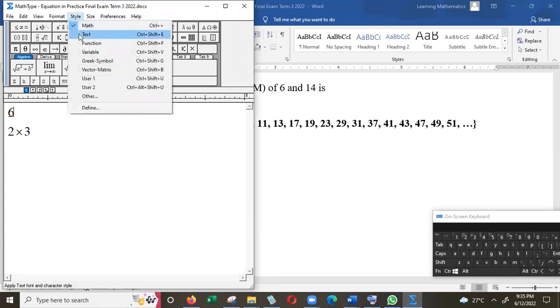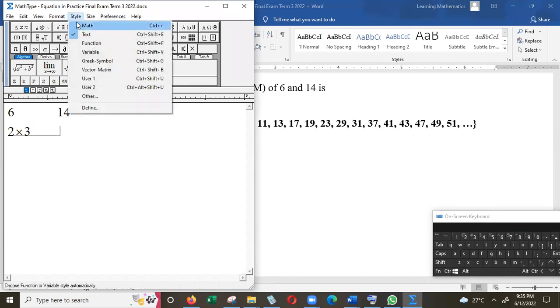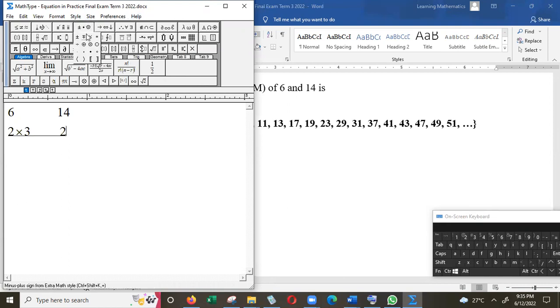We have to do the same thing for 14. 14 can be broken down into 2 times 7. Since 2 and 7 are prime numbers, that's it for 14.